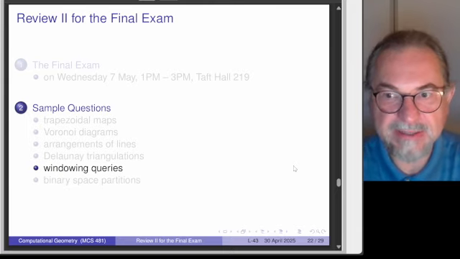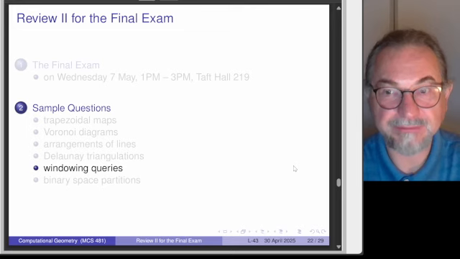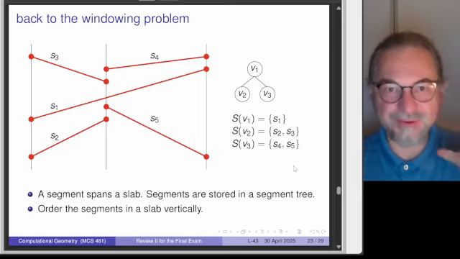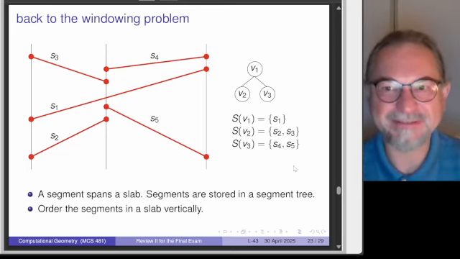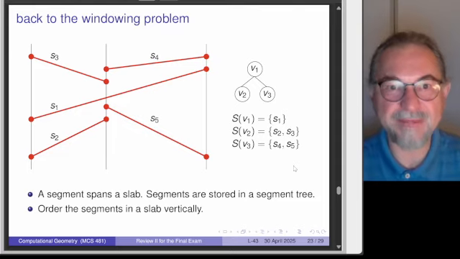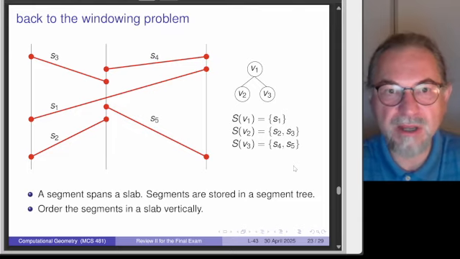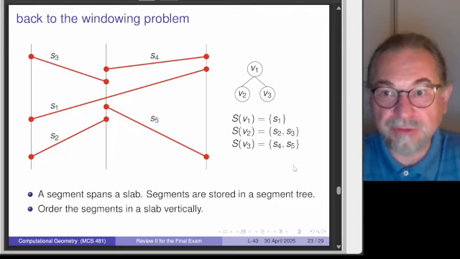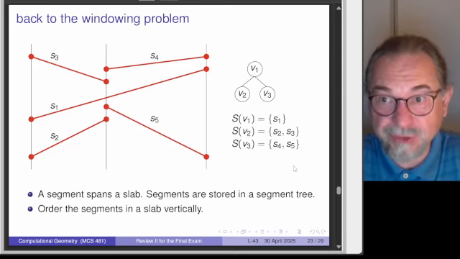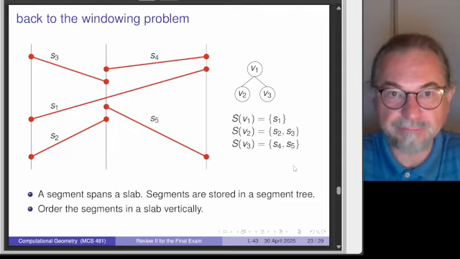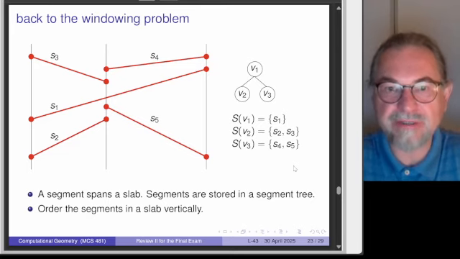Okay, windowing queries is our next to last problem. So I just copied this slide verbatim. So back to the windowing problem. How did we come up with a solution of this problem? Well, what we did is we had a number of line segments, and what you see here on this slide are the segments.